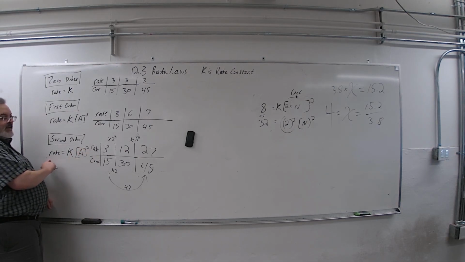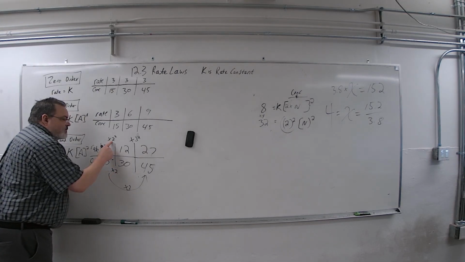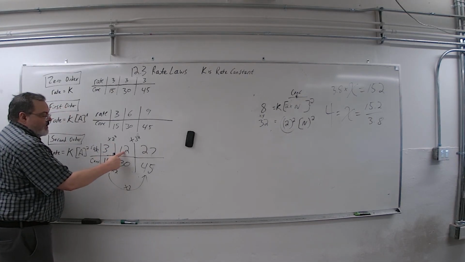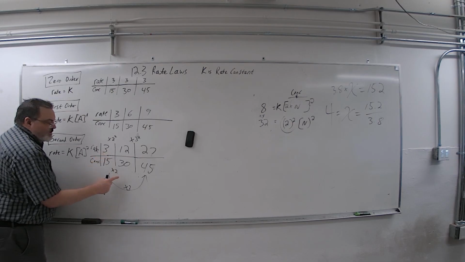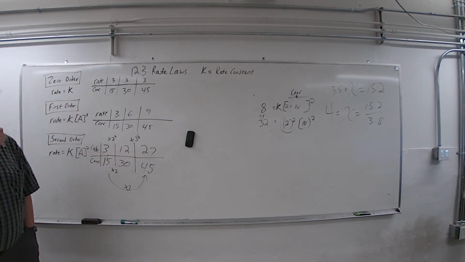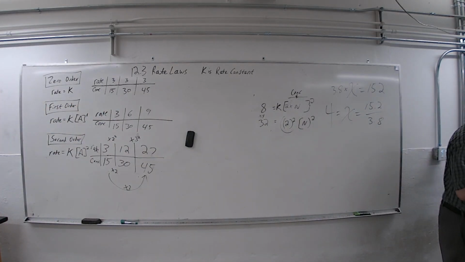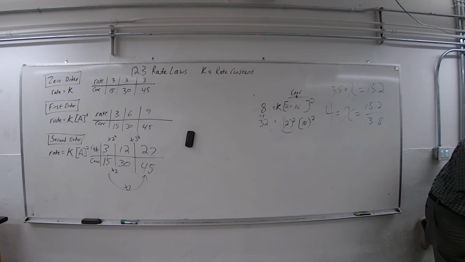So we're squaring that factor and it affects the rate this way. 3 times 2 squared is 12. And then 3 times 3 squared is 27. That's how this one scales. You guys okay with this? But we won't do any higher orders than that because they do get more ridiculous to follow.